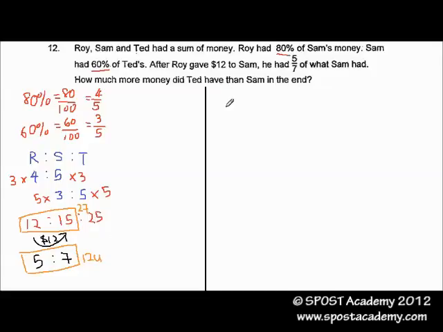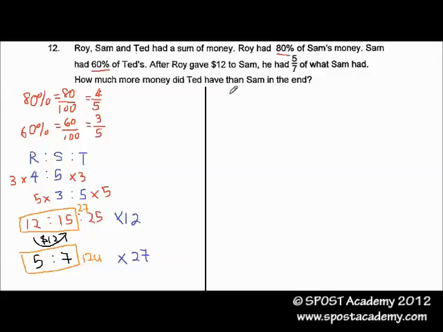As such, we will need to multiply these two sets of ratio by a number such that we can achieve the same total number of units. In order to achieve the same total for Roy plus Sam, the first set of ratio would have to be multiplied by 12, while the second set would have to be multiplied by 27.